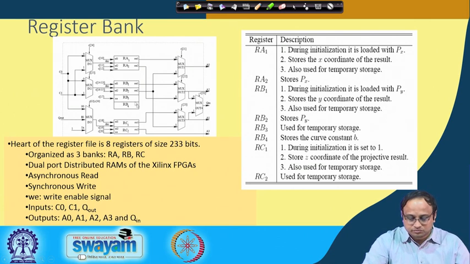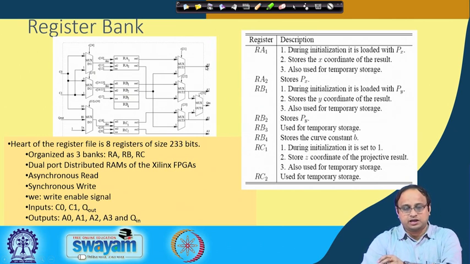With this background, we have more or less understood the functionalities of each of these registers. You see that there are some output ports and input ports. For example, the output ports are A0, A1, A2, A3 and also Q in. These are buses, that means these are wide n-bit data which is being passed.